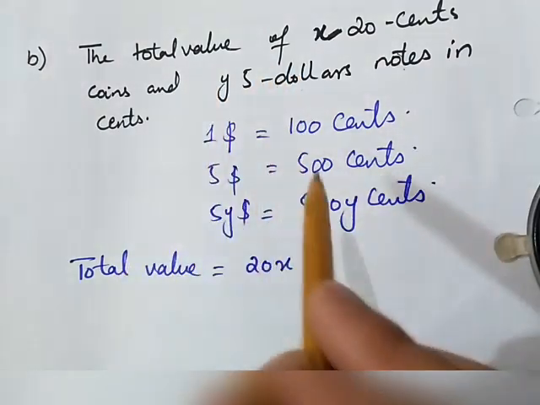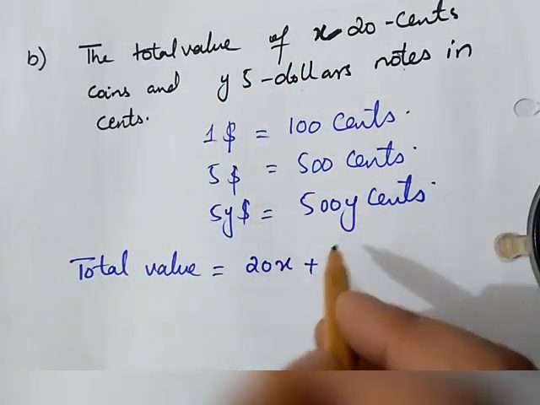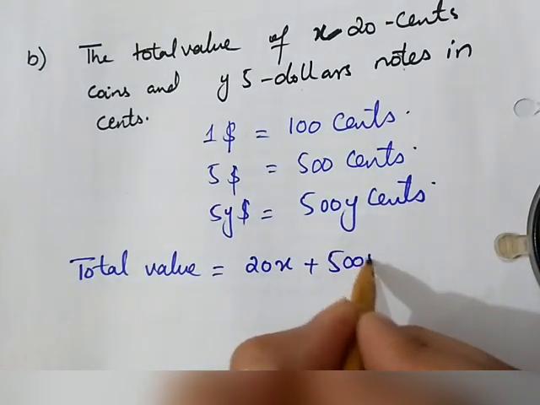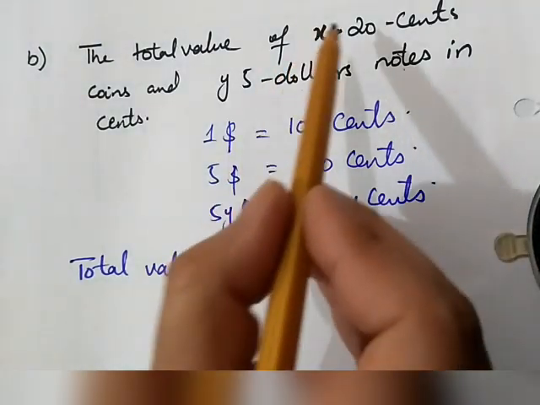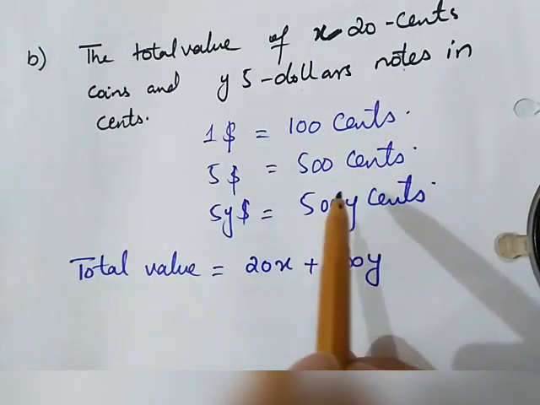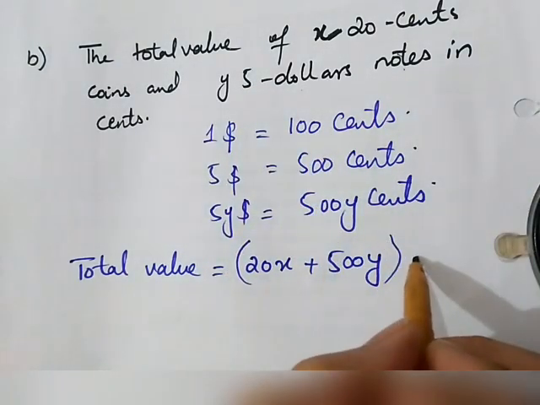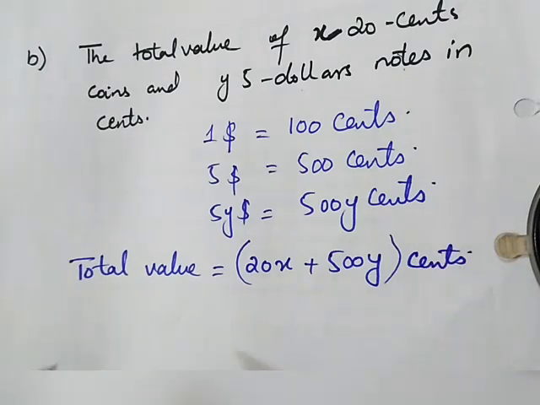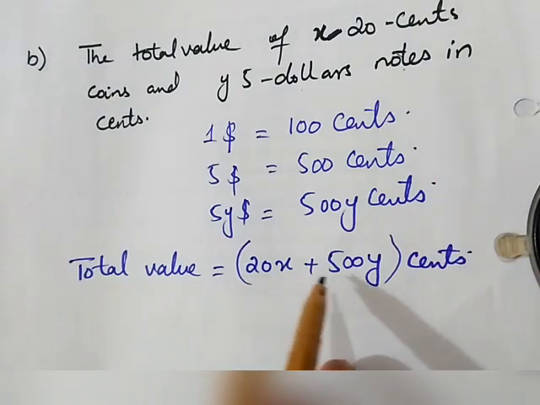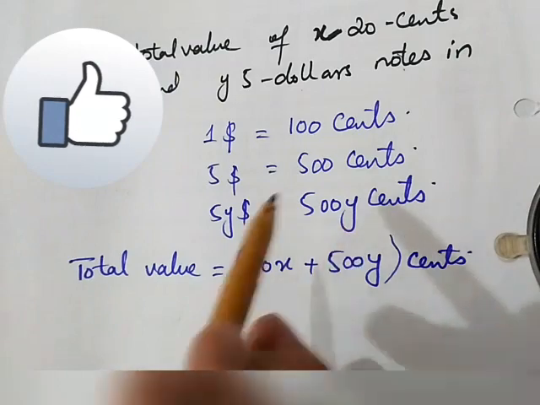Now $5 converted into cents, that is 500y. And what is the common unit? It is already given in cents, and now we converted this $5 also into cents, so we put the unit outside the bracket. So total value is equal to (20x plus 500y) cents.